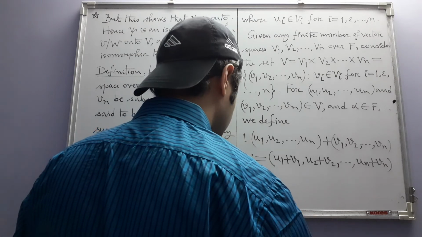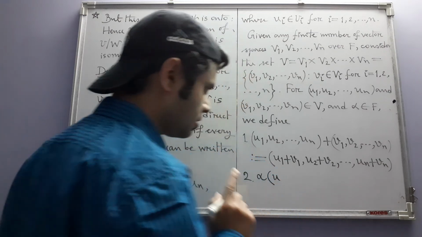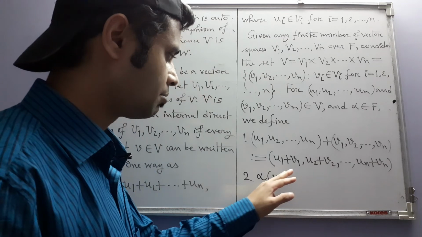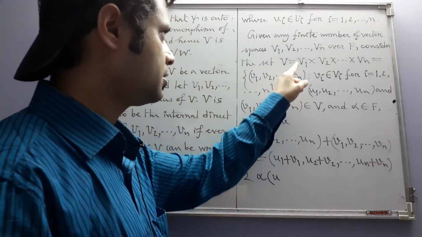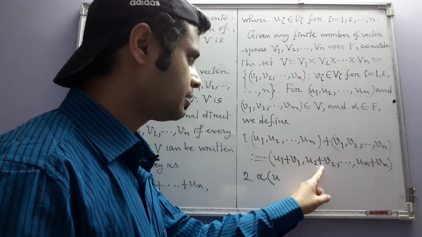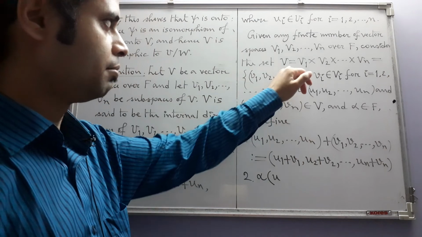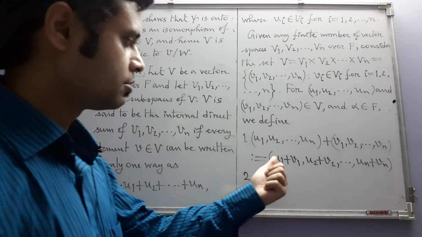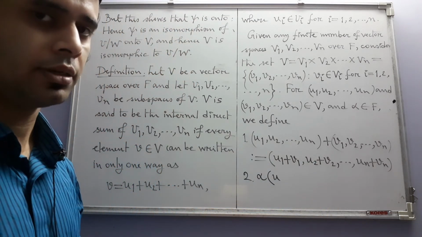And number 2 also similarly, alpha times. So note one thing before we define the second operation. This plus is the addition of vectors in V1. This is the addition of vectors in V2. This is the addition of vectors in Vn. Because the vector spaces can be any kind of spaces, these operations may be very different from one another.